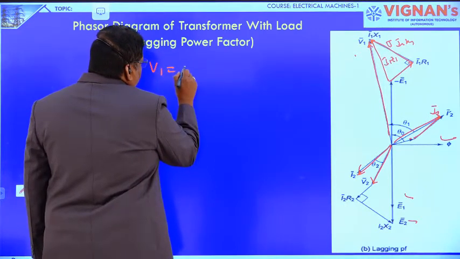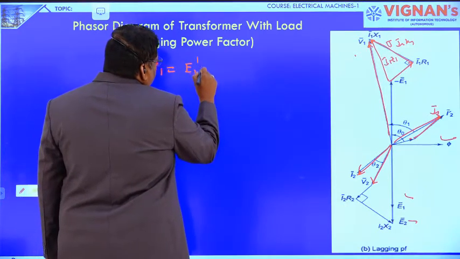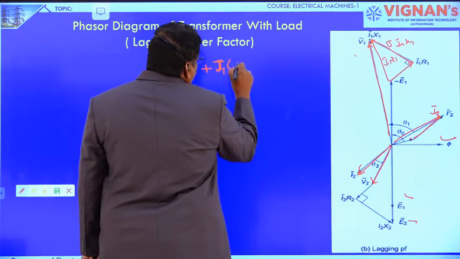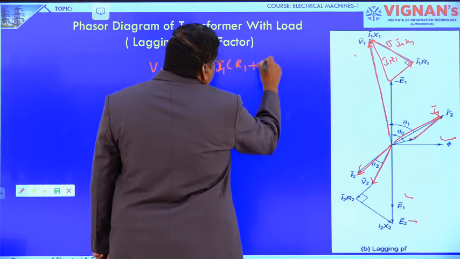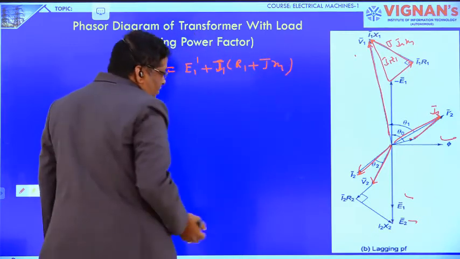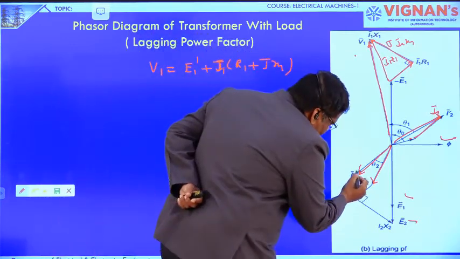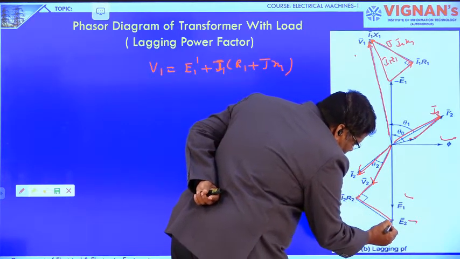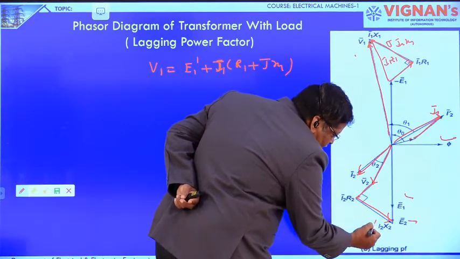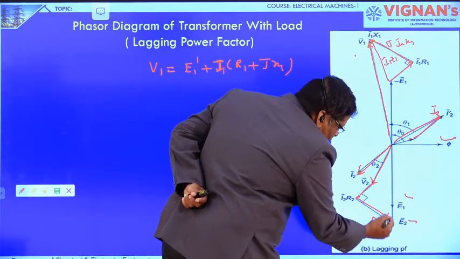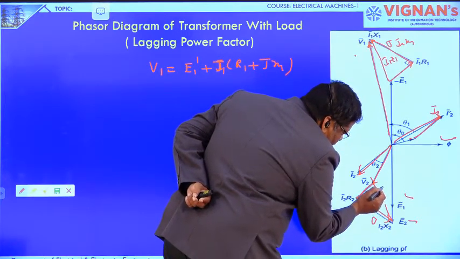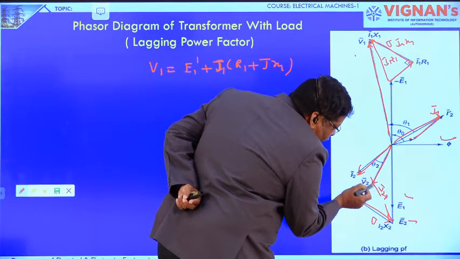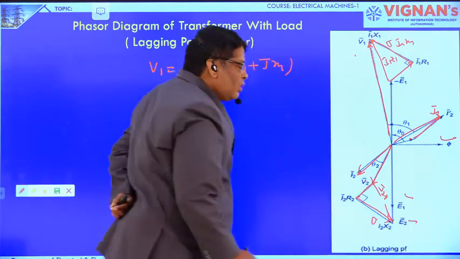V1 equal to E1 dash plus I1 into (R1 plus jX1) for the primary side. Secondary side, parallel to the I2, you have to draw the I2R2. Perpendicular, you have to draw one more phasor, that is jI2X2. Now the phasor sum of these two is nothing but I2Z2. Now the phasor sum of V2 and I2Z2 is equal to E2.